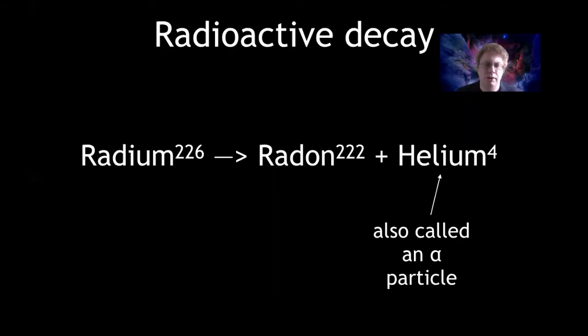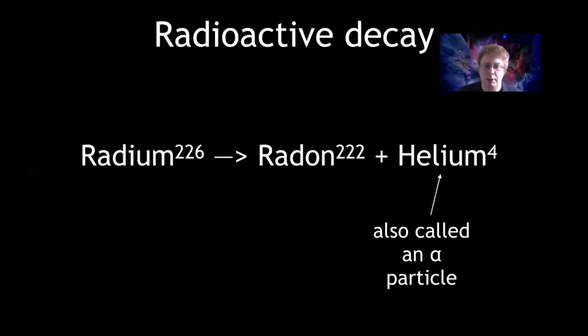These tell you roughly how much mass is in the nucleus of each of these elements. So radium has an atomic mass of about 226 times the mass of a proton, or the mass of hydrogen. And it will decay into radon, which has about 222 times the mass of the proton in its nucleus, and helium, which has about 4 times the mass of the proton in its nucleus.